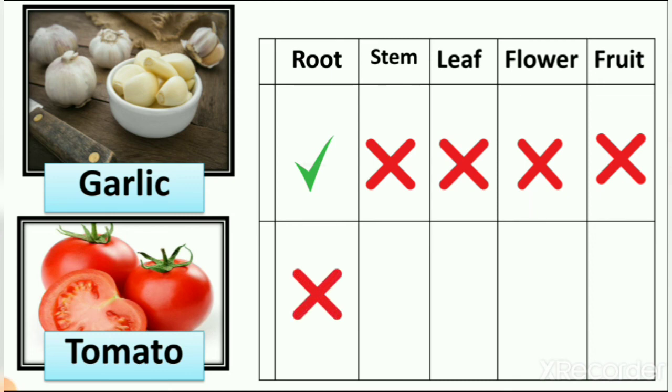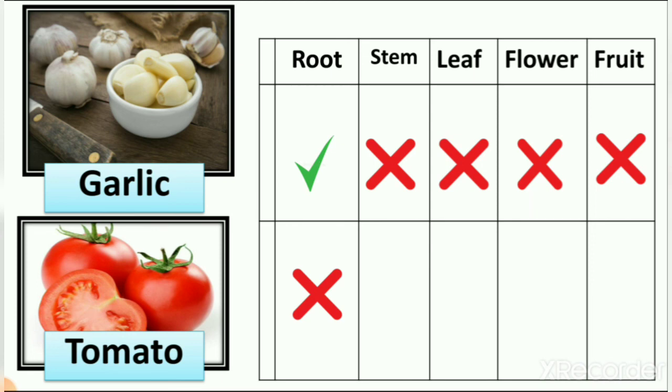Then stem. We learned about sugarcane, potato, and ginger also, right? So does it look like ginger or potato or sugarcane? No, no. One more thing, there is a seed inside tomato. So which part of the plant contains seeds?